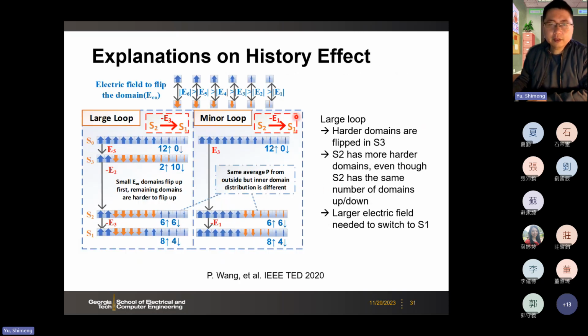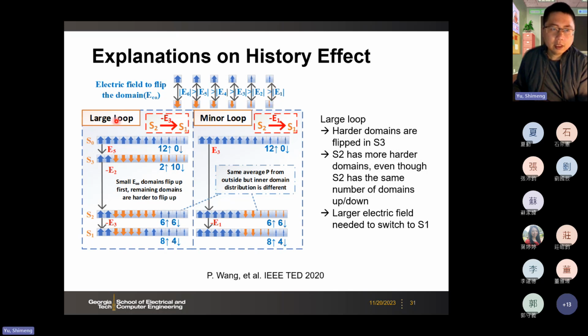If this is still very difficult to understand, then let's use a simple toy model to understand this better. Let's simplify the picture like this. We only have 12 domains. Let's say the left one has the largest coercive field, the most difficult one to switch. Let's say this is the hard domain. And on the right, this is the easiest domain to flip.